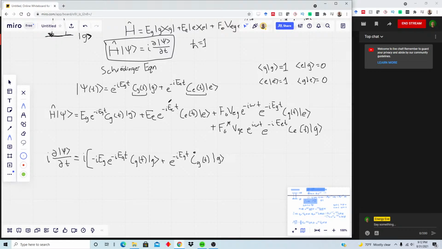And so then we do the time derivative for this term, and there's 2 terms.